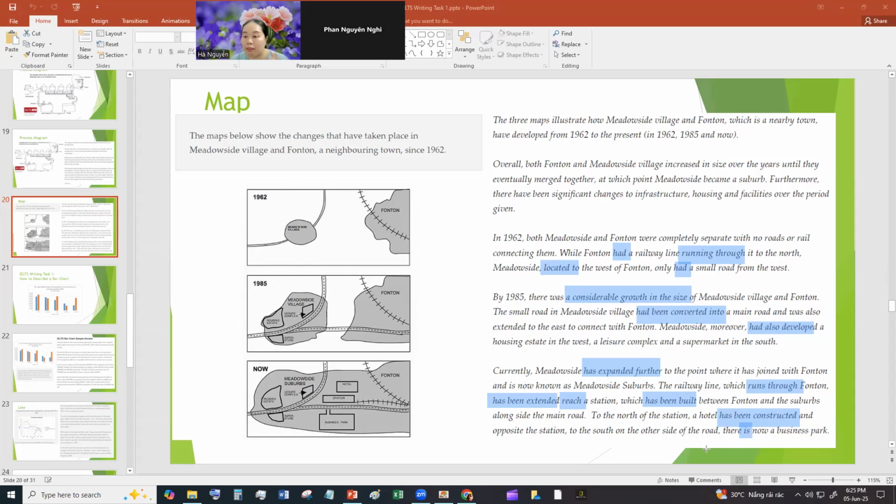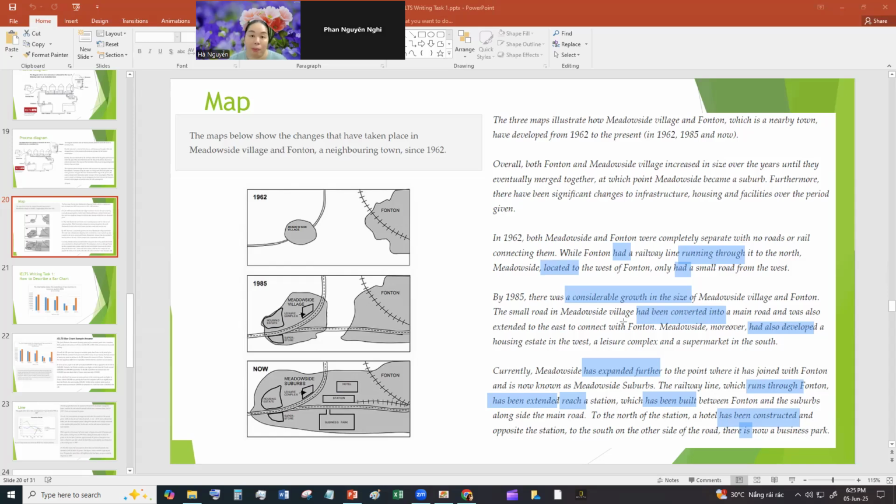Number two, the second feature of map description is you need to use verbs, nouns, adjectives, adverbs to describe the changes of the map. So that's a bit similar to line charts or charts with time change, right? You need to use increase, decrease, or fluctuate to describe the changes in the data.